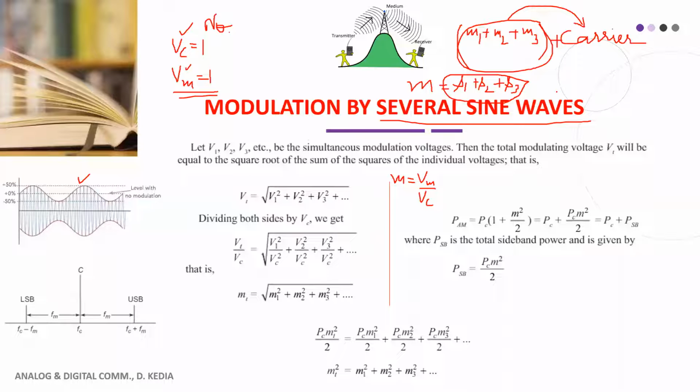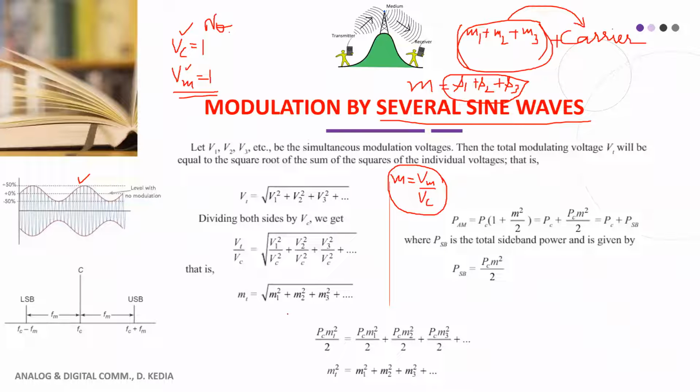It is a very simple thing. All I need is to calculate the modulation index in a different way. This formula I told you is for a single sine wave. If I have more than one sine wave, then for each sine wave I will obtain a different modulation index.